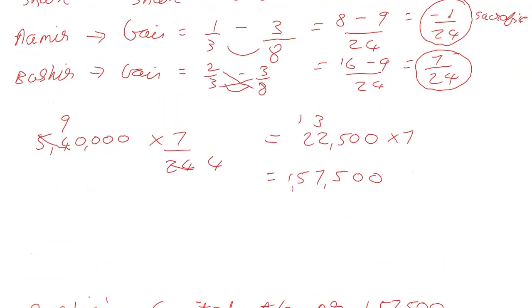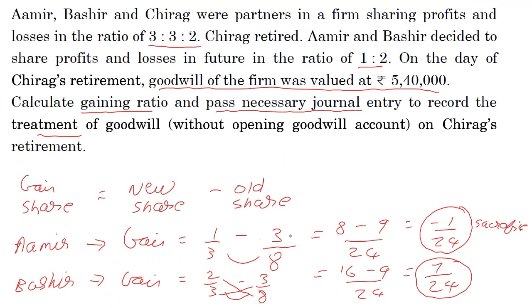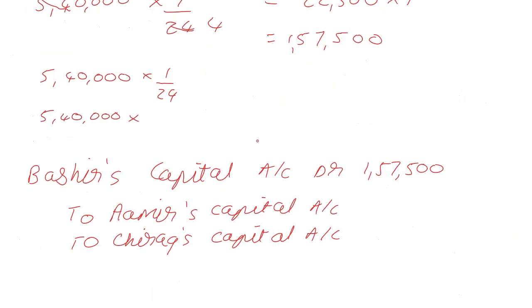Alternatively, we have a 1 by 24 over here. If I simply take the same 5,40,000 and multiply it by 1 by 24, and again the same 5,40,000 and multiply it by 2 by 8, which is Chirag's share, I will be able to get the other two numbers.